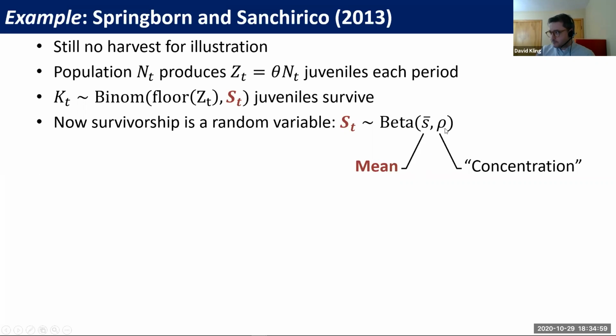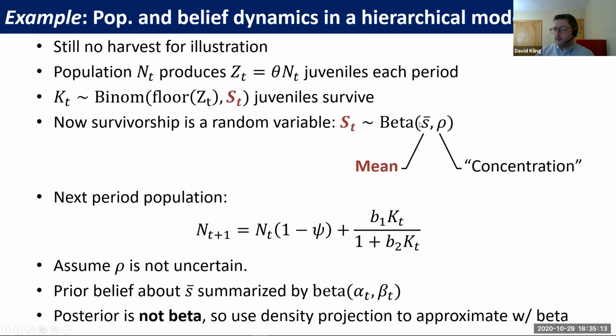So we're going to have a mean and a concentration, which is a particular measure of the spread around the mean, you could say. I'll jump ahead and say that's where uncertainty is going to come in.